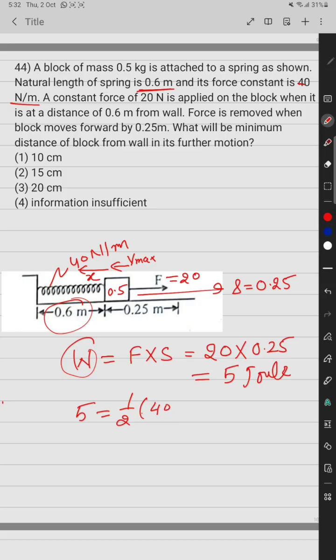The force constant of the spring is 40 and the compression is x. So x square equal to 1 by 4, so x equal to 1 by 2, meaning 0.5 meter. It means this value of x is 0.5.